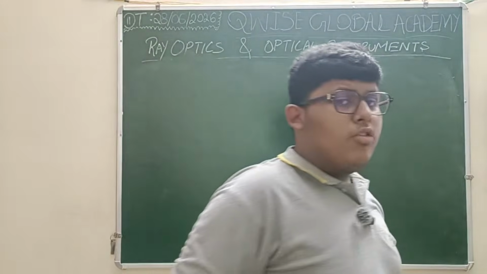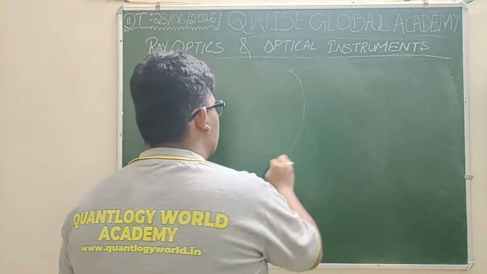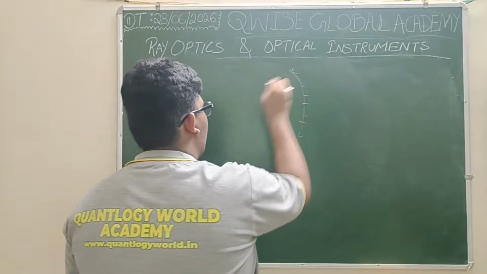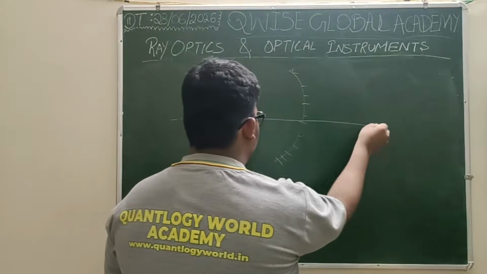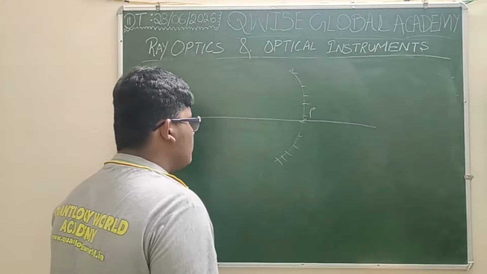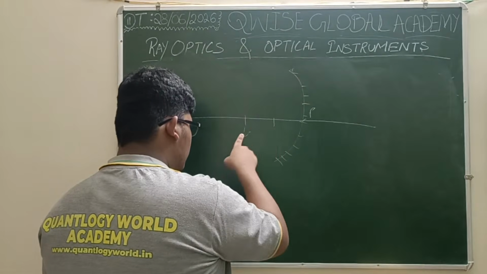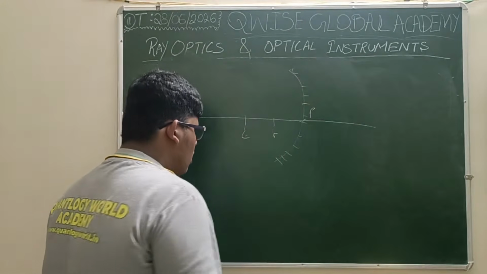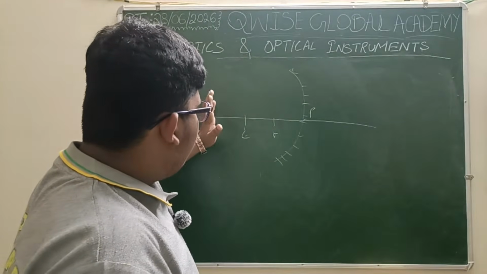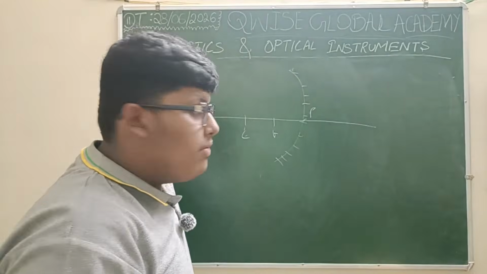Next, sign conventions. First we'll see about a concave mirror. This is pole. The straight line is the principal axis. This is focus. This is center of curvature. For concave mirror, anything that lies left to the pole is negative.